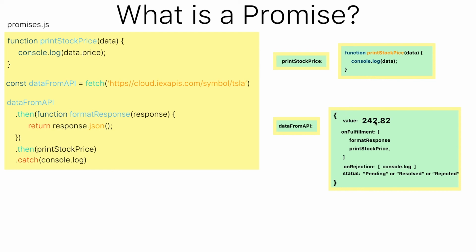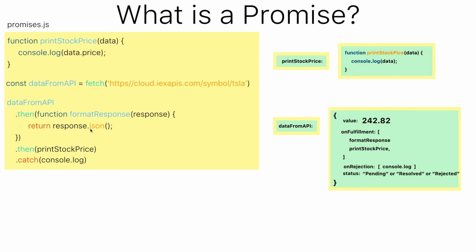And as I mentioned in the previous slide, value is actually an object. And so before we can work with the data that we get back from the API, we need to turn it into valid JavaScript object notation. And that's what we are doing here with the first .then method. And so this response parameter here, we can name it whatever we want. But typically, people call it response.